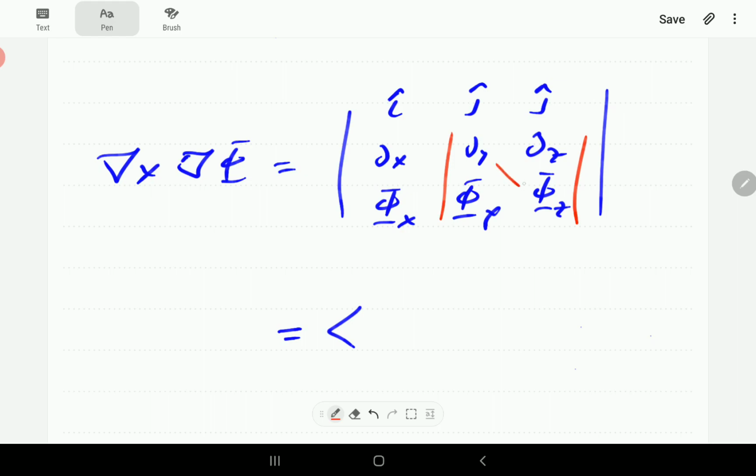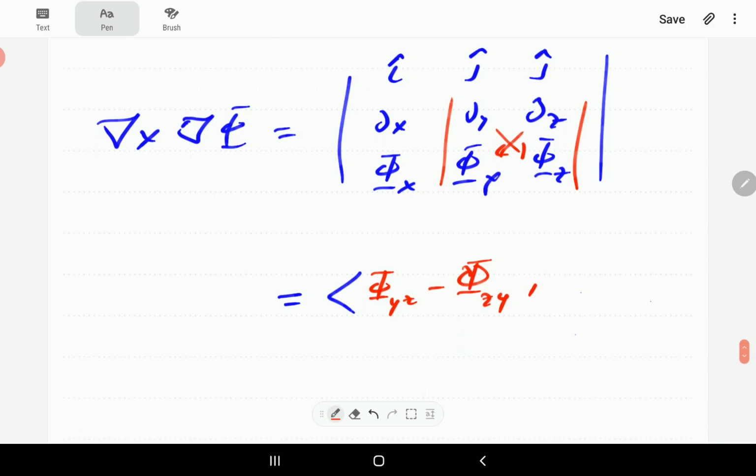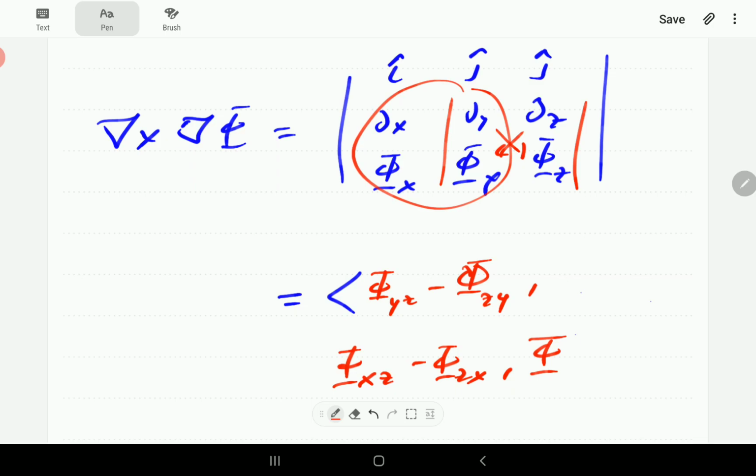So it's going to be the y derivative of this, phi yz, and then this one is going to be the z derivative, so that is phi zy. For the j component, it's going to be phi xz minus phi zx, and then finally for the k component, it's going to be these ones here, phi xy minus phi yx.